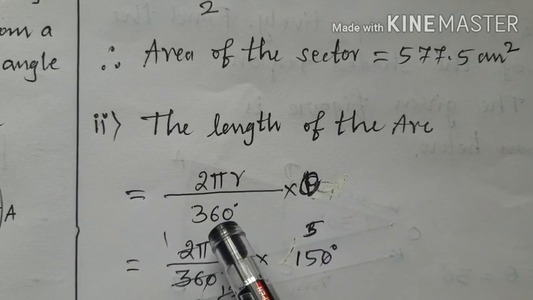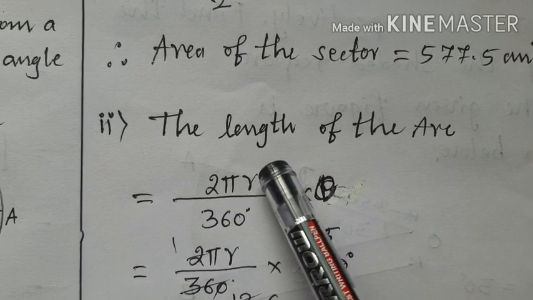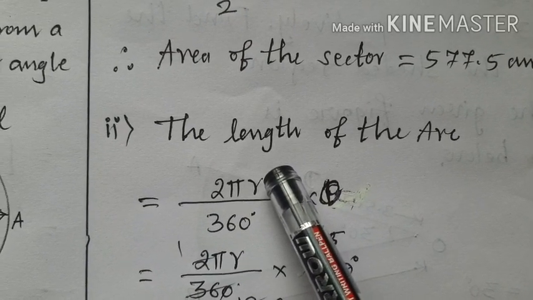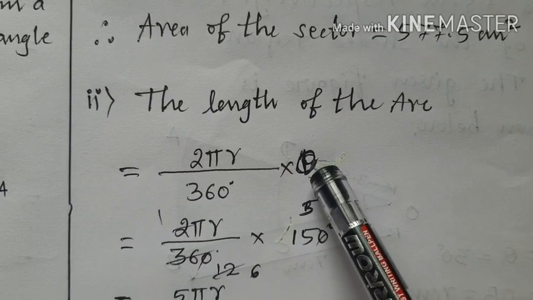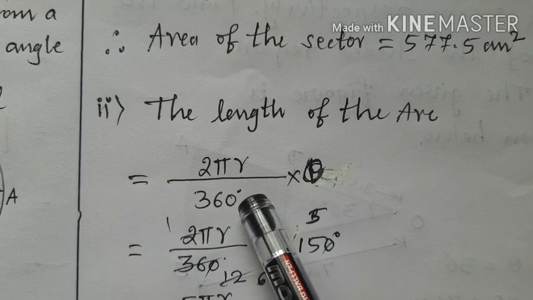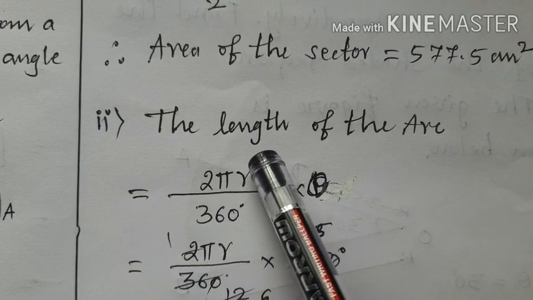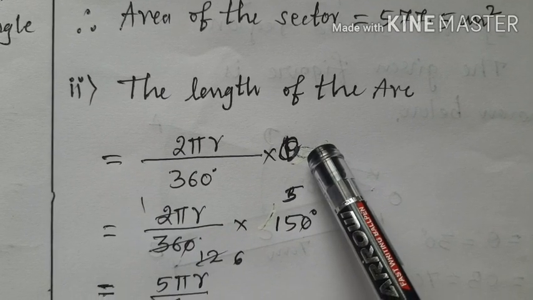It means for 360 degree sector angle, the length of the arc is 2πr, means one full circle. But for theta degree sector angle, how much is the length of the arc?